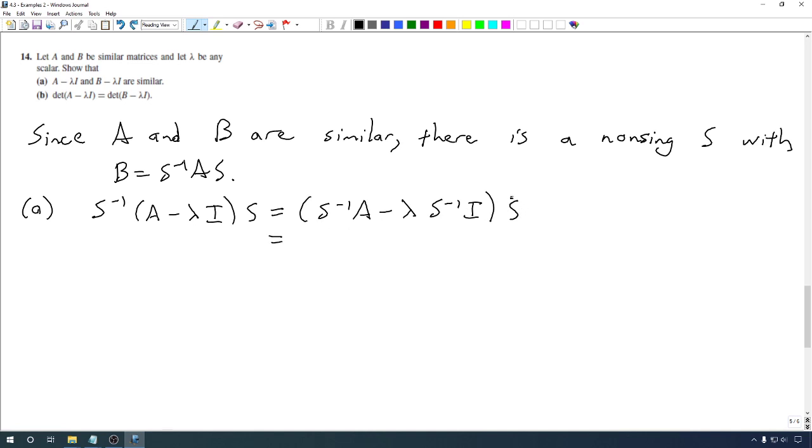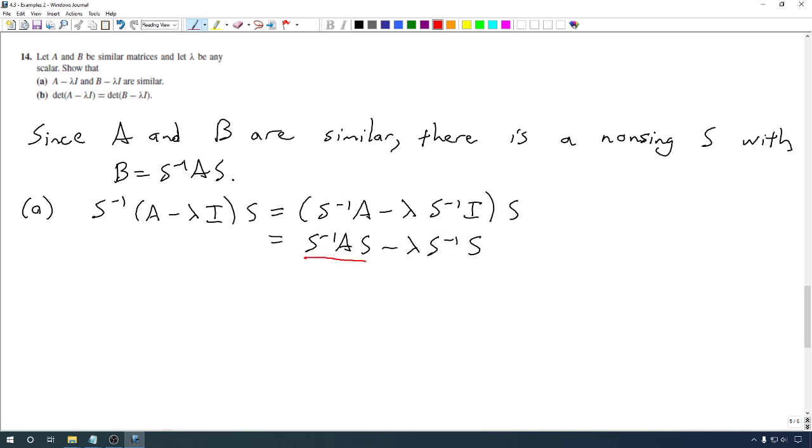Then let's go ahead and do the distribution of the S. We can distribute the S to both of the terms. So the S moves over to here, so we have an S inverse A times S. We saw the minus lambda. We saw the S inverse. And now we're going to multiply on this side by S. But of course, the I is not really too important, so we'll go ahead and leave it out. We have an S inverse S. And what do we have here?